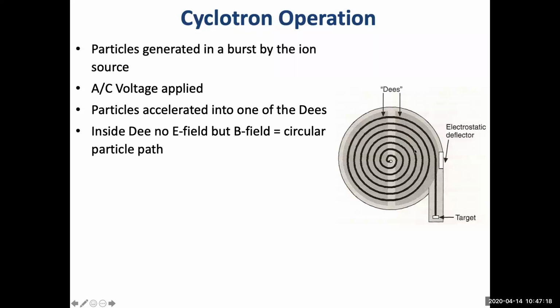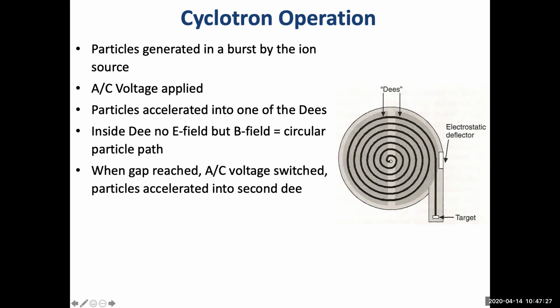Inside the D there's no electric field, but there's a magnetic field above and below, which makes the circular path inside the cyclotron. When it reaches the gap between the two Ds, the AC voltage switches from positive to negative just to accelerate the charged particle.